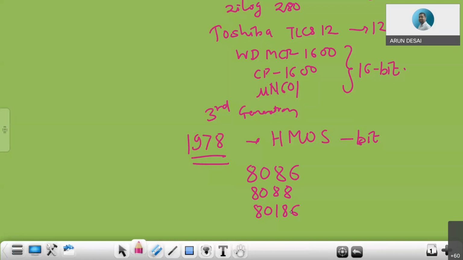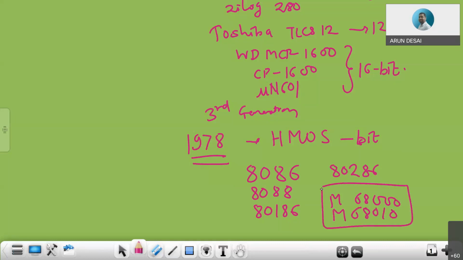So they came up with 80186, 80286. Motorola is also there. Motorola comes with 68000 and 68010 chipsets, right? So such microprocessors are also present in third generation with HMOS technology, right? What is the basic difference here? They came up with 40 pin ICs, 48 pin ICs, 64 pin ICs, right?